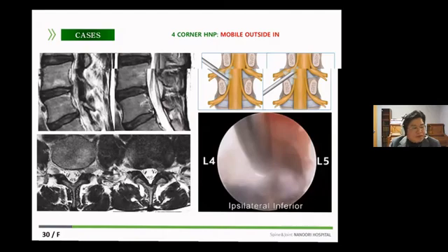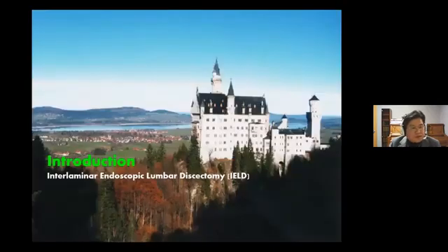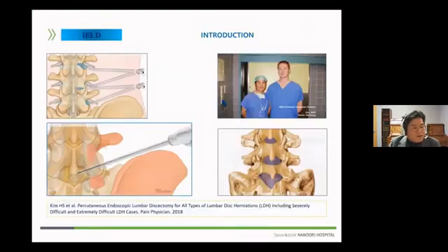Let's look at the transforaminal endoscopic lumbar discectomy. Currently, full endoscopic discectomy can be approached for almost all lumbar discs. A transforaminal approach is possible in almost any area. Of course, the transforaminal endoscopic approach is also possible in many cases of L5S1.